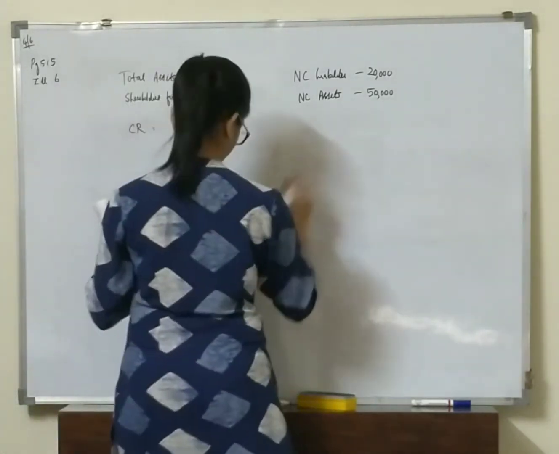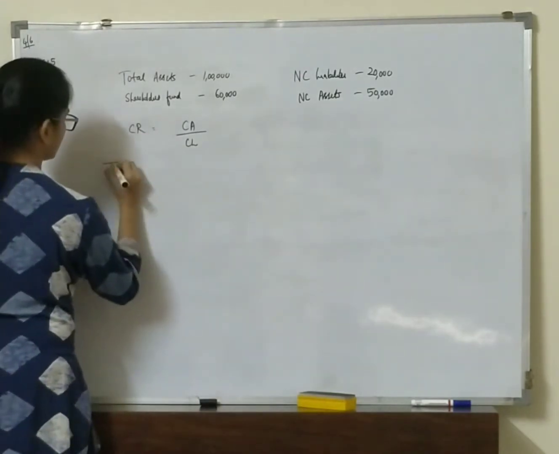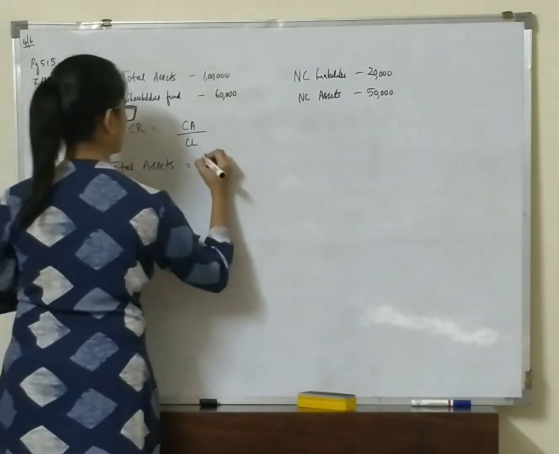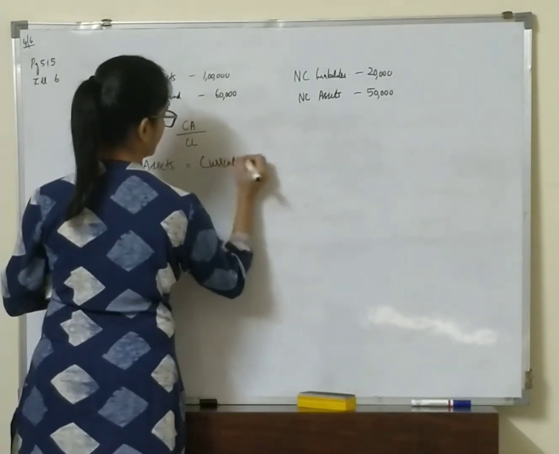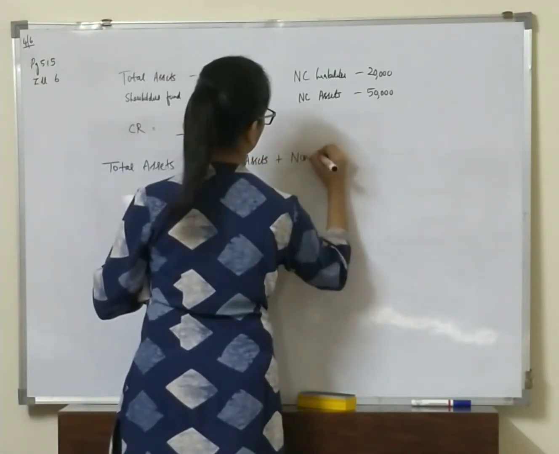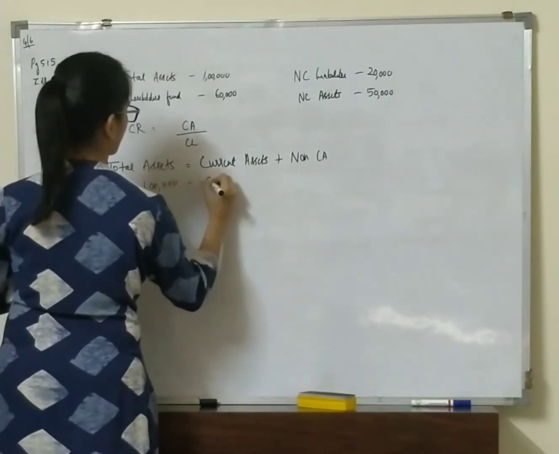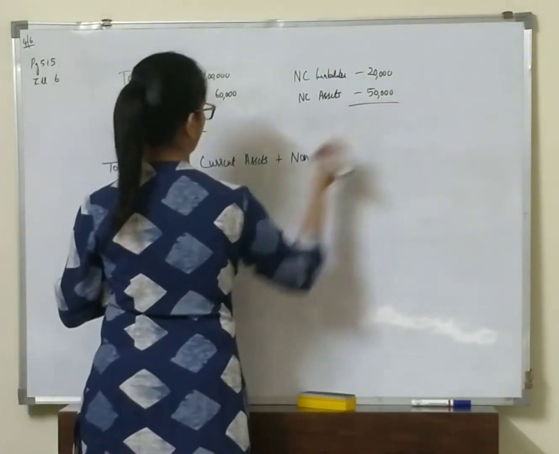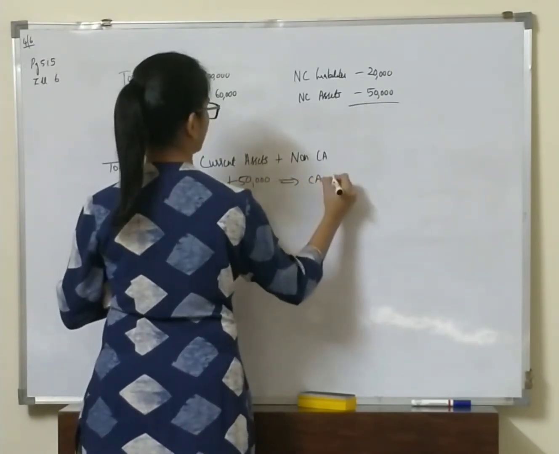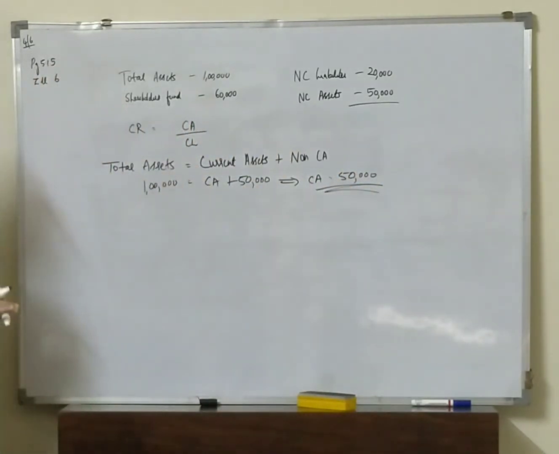So total assets is equal to current assets plus non-current assets. We know total assets is 1 lakh. We don't know our current assets. We know our non-current assets, that is 50,000. So what will be our current assets? It is 50,000. Clear? 1 lakh minus 50,000.